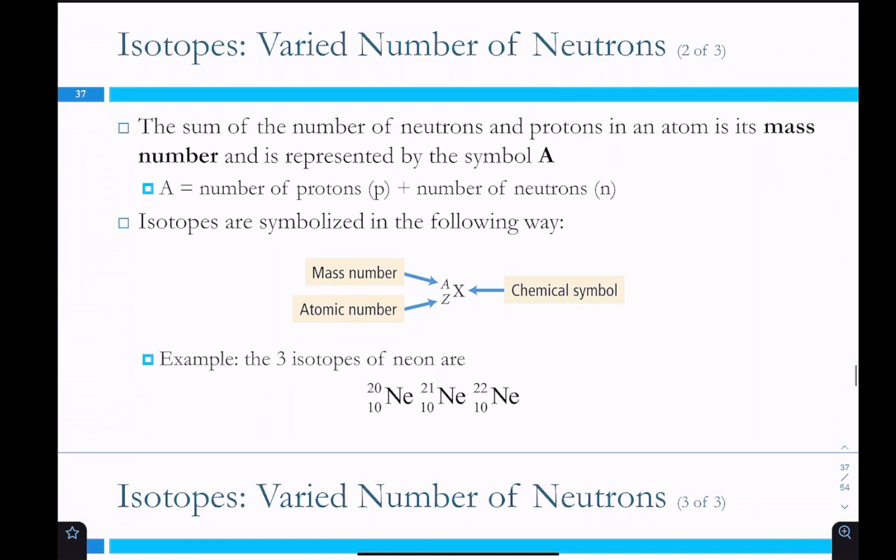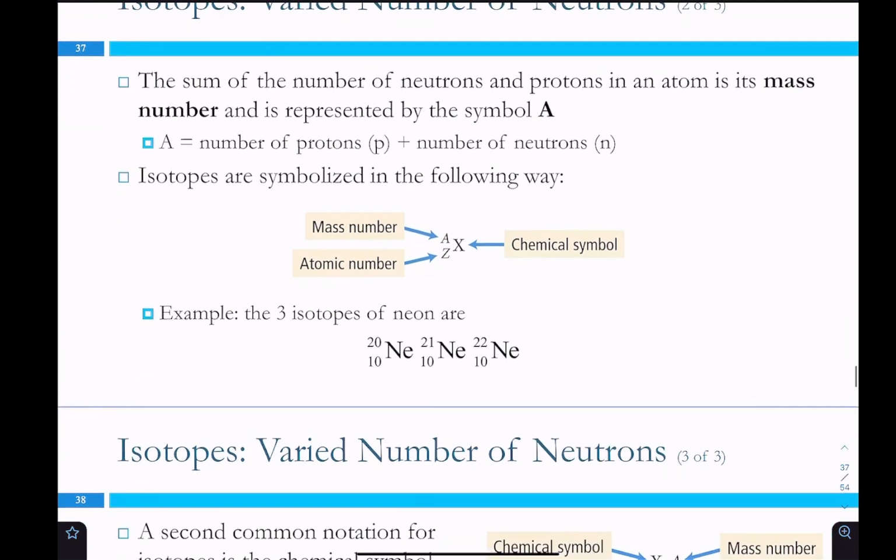The way that we represent these different isotopes is with isotope notation. The mass number is A, which is the number of protons plus the number of neutrons. So that's the total mass of a single isotope. Isotopes are symbolized with the mass number to the top left and the atomic number to the bottom left of the chemical symbol.